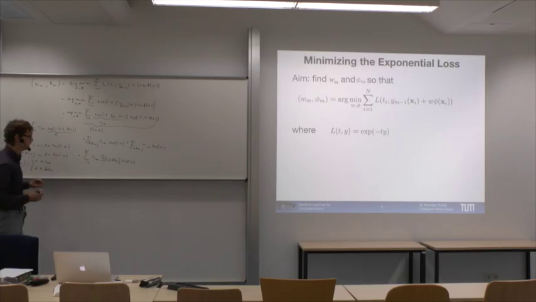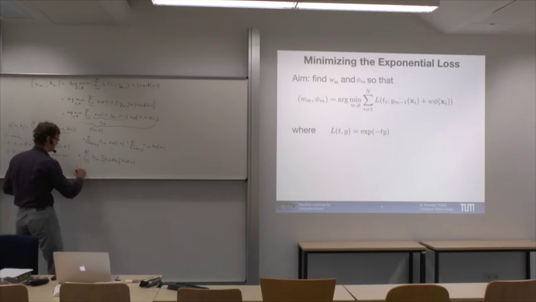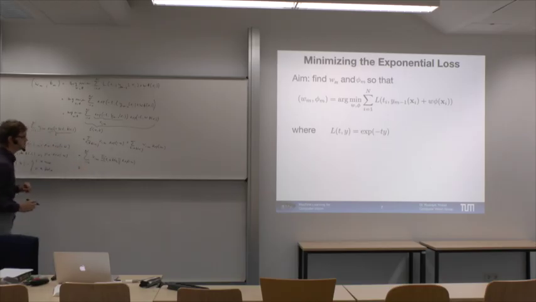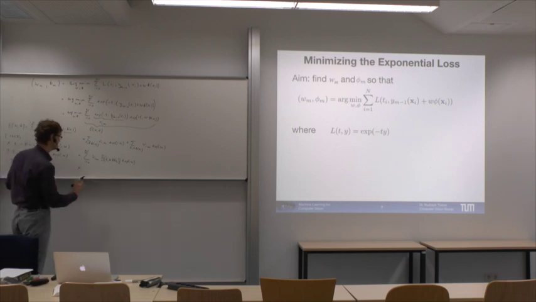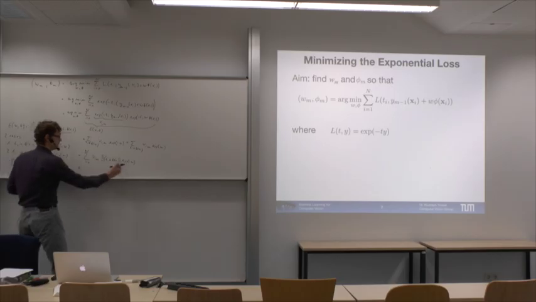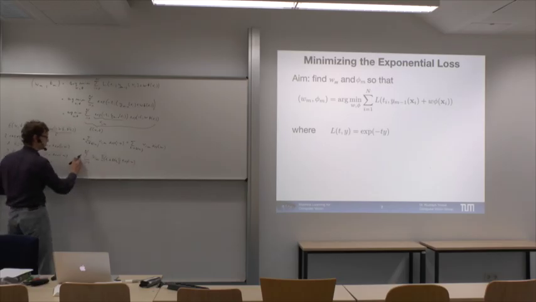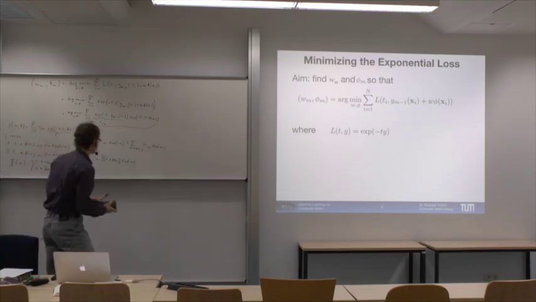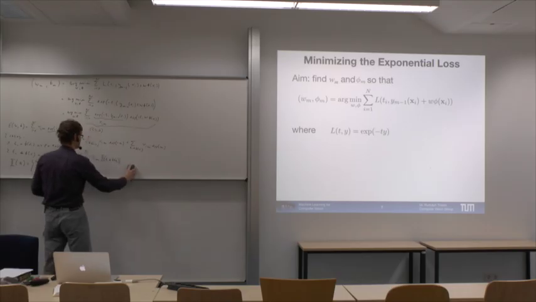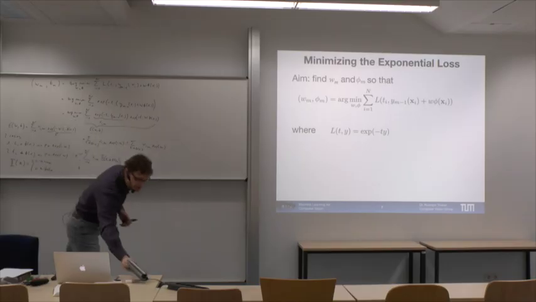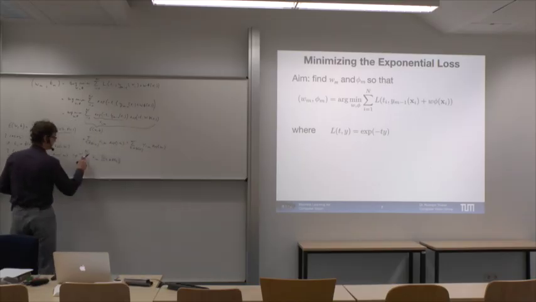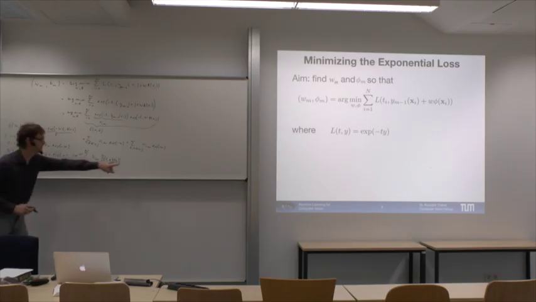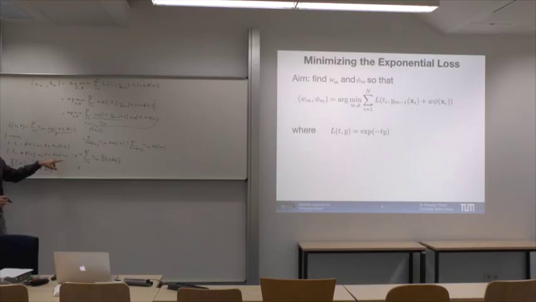Plus, now I need, of course, to do the rest. Before I do that, let me do a little thing. I put this exponential here in front. Sorry for that, but it makes things a little bit easier. So this exponential of minus W, I just put in front because it doesn't depend on the data, it doesn't depend on i. This is just a fixed term I can put in front of the sum.